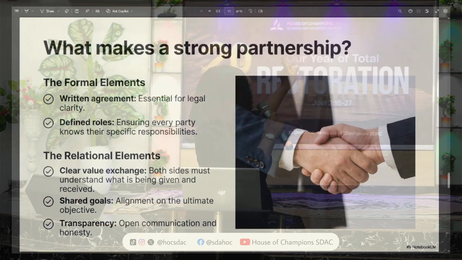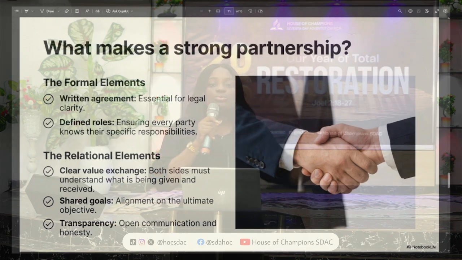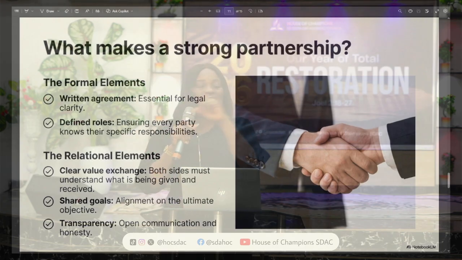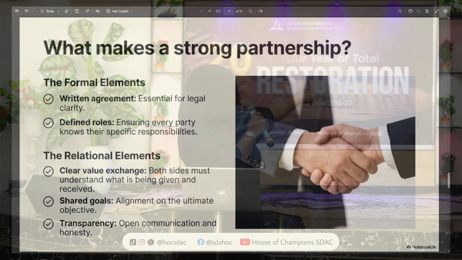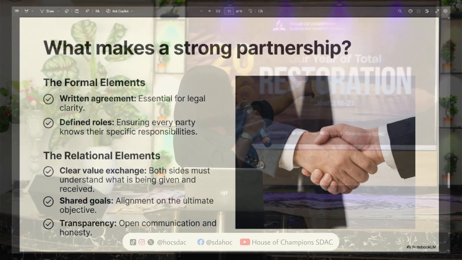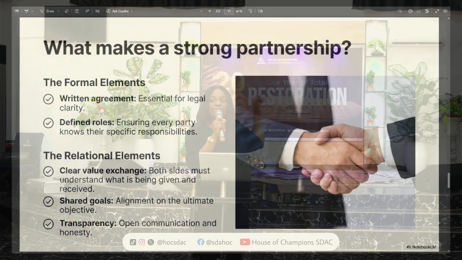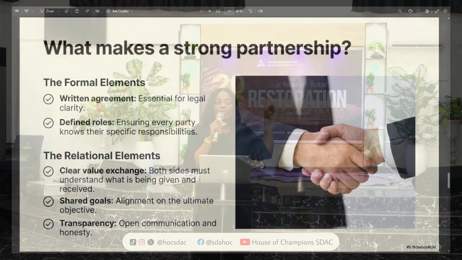Now, defined role. Clarity can never be overemphasized. In whatever business you are doing, clarity. Underneath clarity, ensure every party knows their specific responsibility, which will also bring us to accountability.